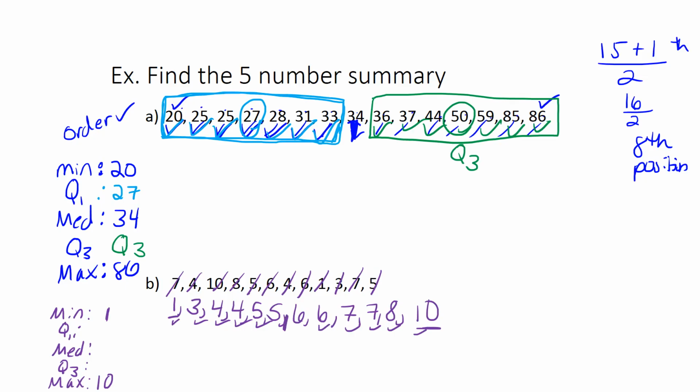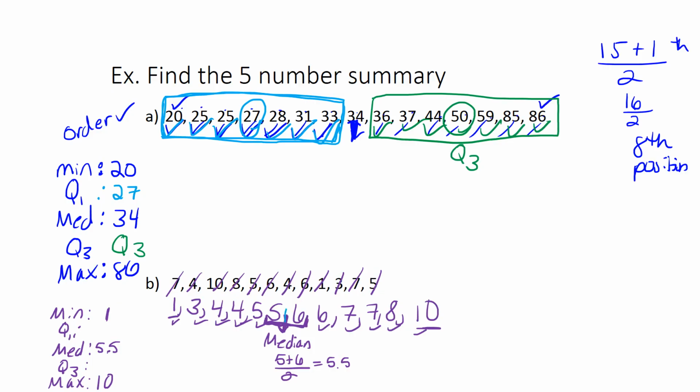And here it looks like there's 2 middle numbers. There's an even number of data values, so there's 2 middle numbers. So the median is going to be halfway between 5 and 6, which is of course 5.5. But you can always add them and divide by 2, and you'll get 5.5. So this time that 5.5 is in the middle there.